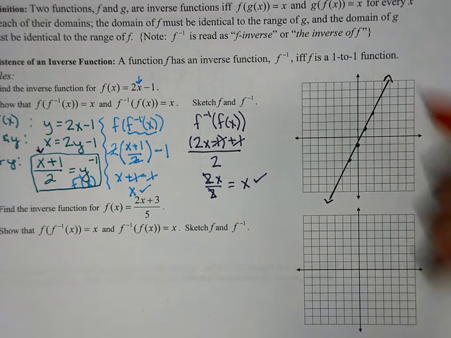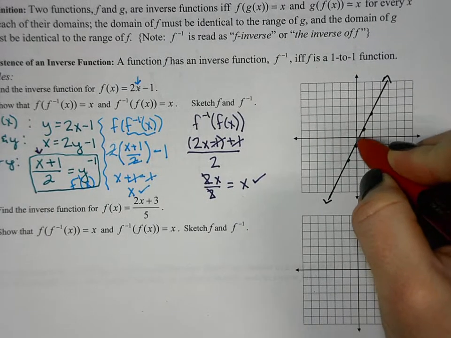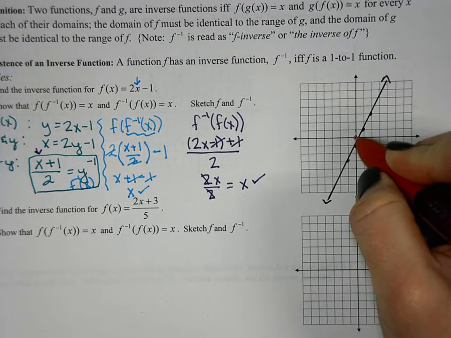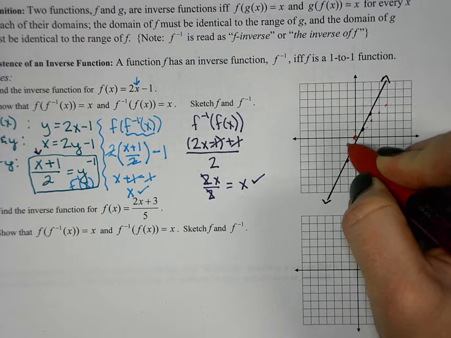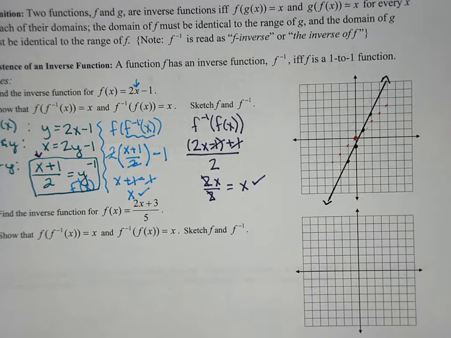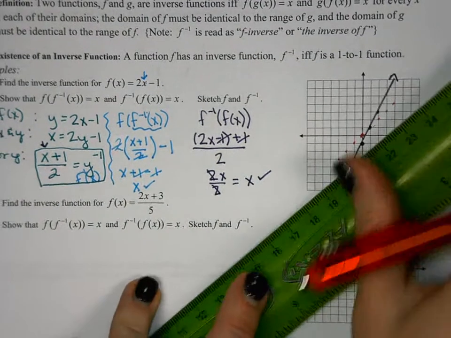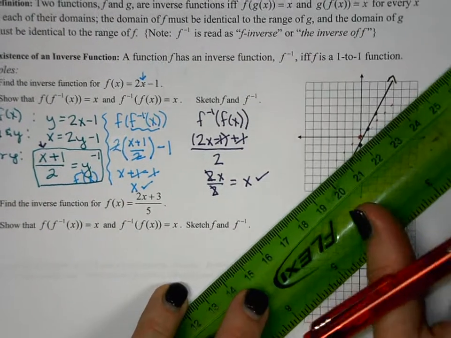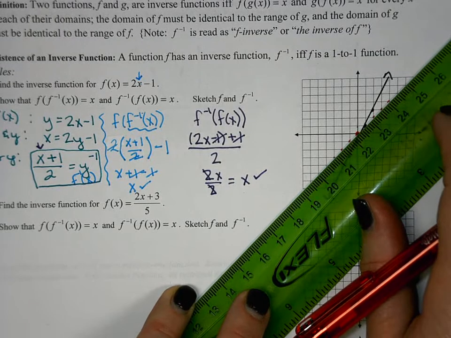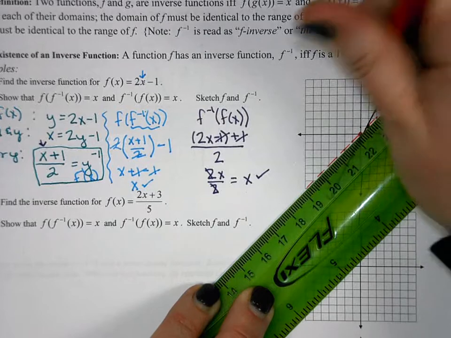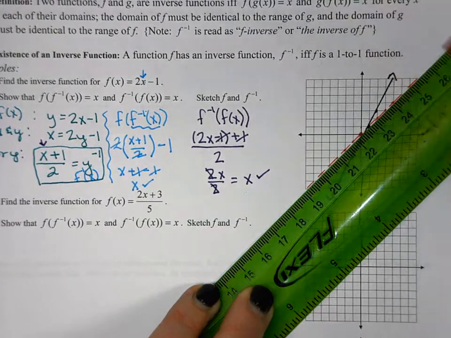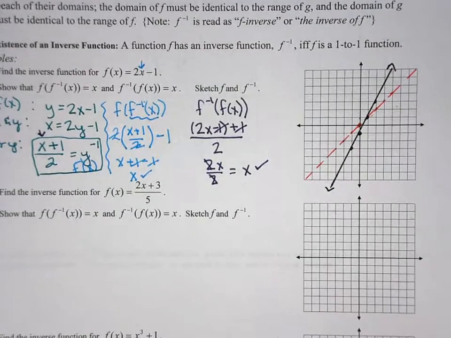So the y equals x line is this one here in red that goes through the origin and has a slope of 1. So I'm going to draw my y equals x line, or my reflection line, in red. This is the line that we reflect over to graph the inverse.